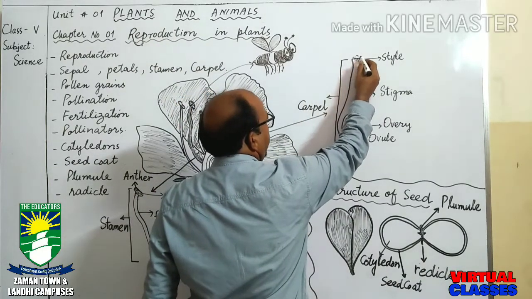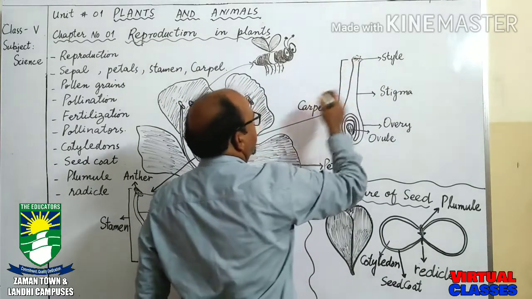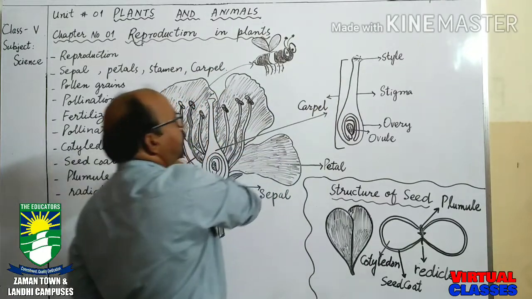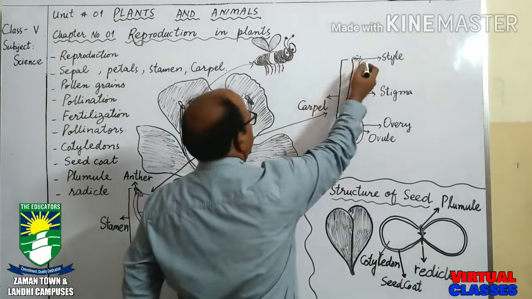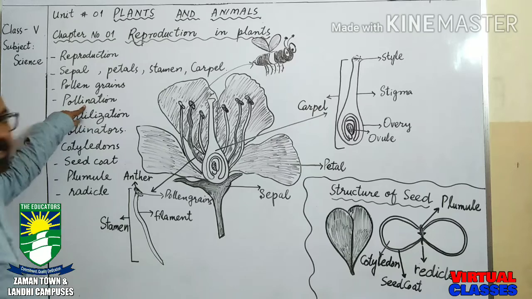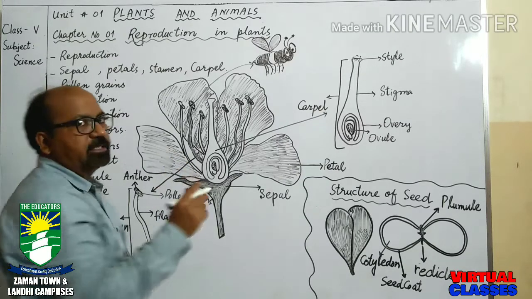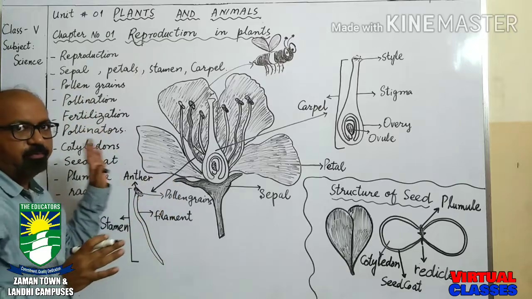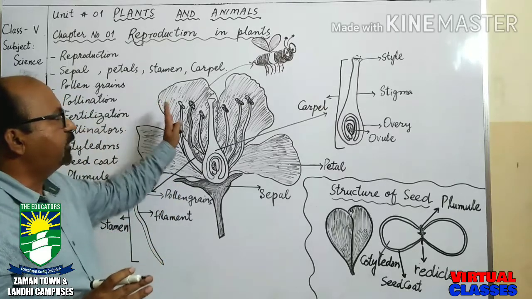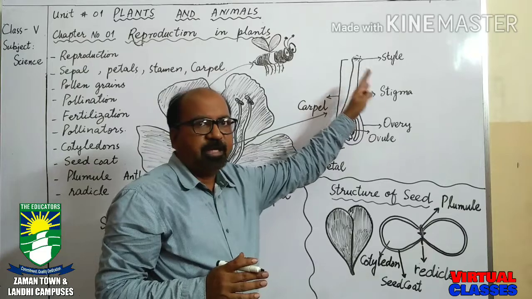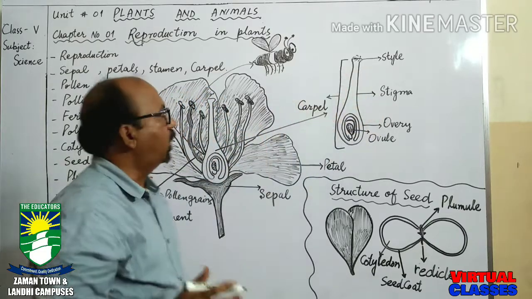When they transfer the pollen grains from one flower to another flower, this is called pollination. It means the transfer of pollen grains from the male part of one flower to the female part of another flower.